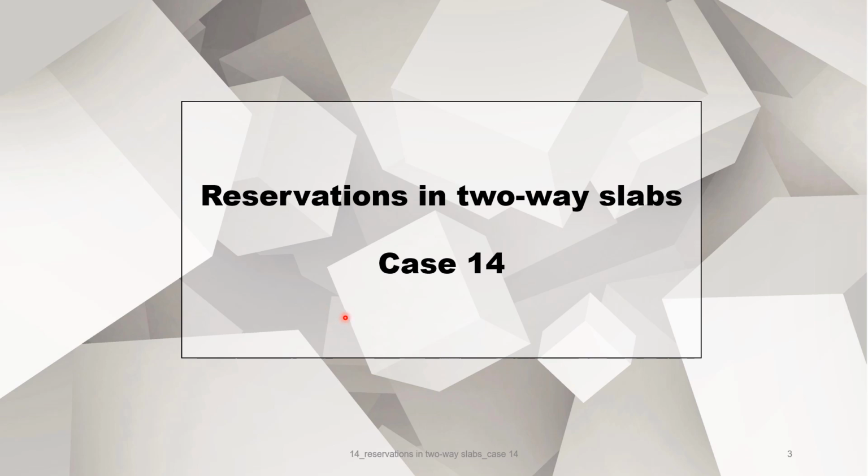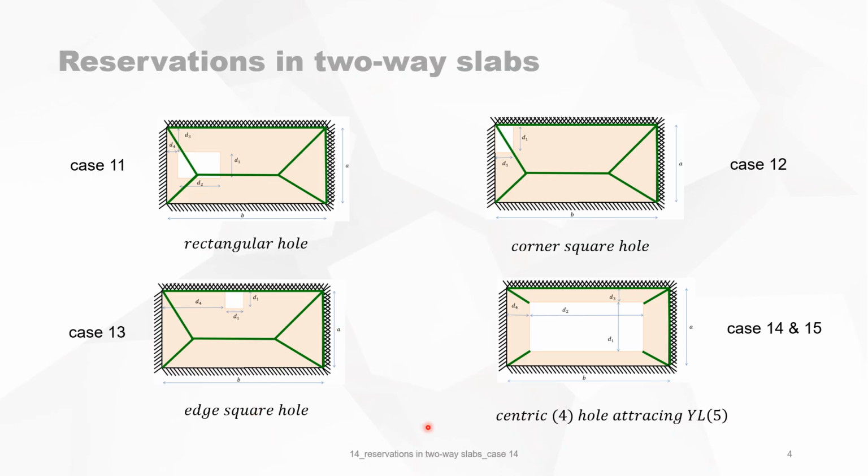This will go about case 14, and case 14 is a centric hole attracting the yield lines. As you can see, we use the 30, 45, 60 degree rule, but more realistic, when you have a centric reservation in the slab, the corners of the reservation will attract yield lines.